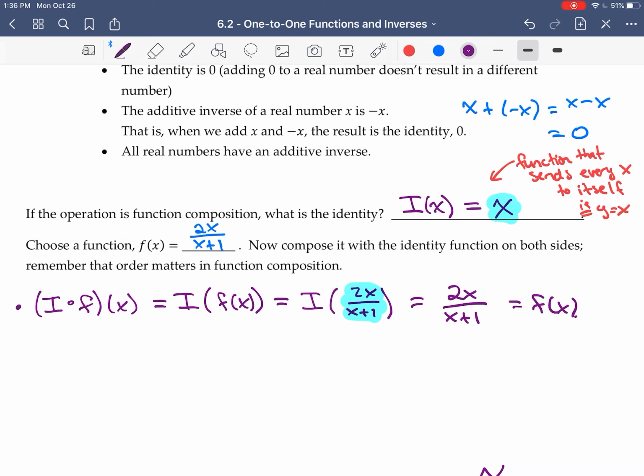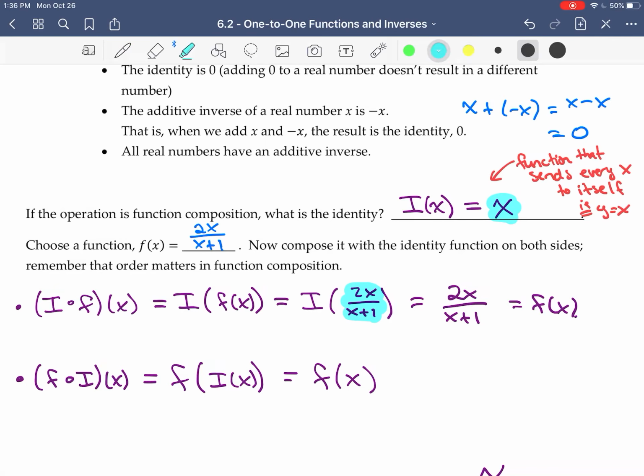Now if I do it the other way around, f compose with I of x, that's going to be f of I of x. Now, I of x is just x, from the formula here.